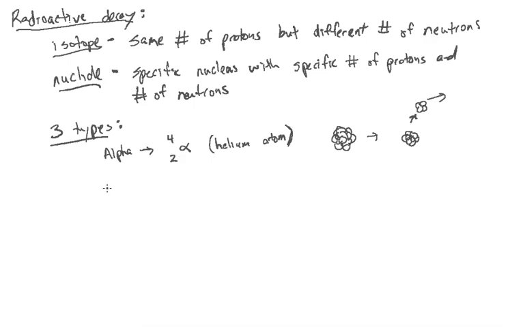The next kind is beta decay, beta particle. The first kind of beta decay we have to talk about is an electron being emitted from the nucleus.